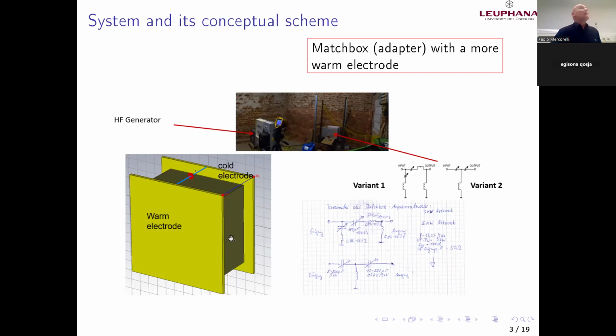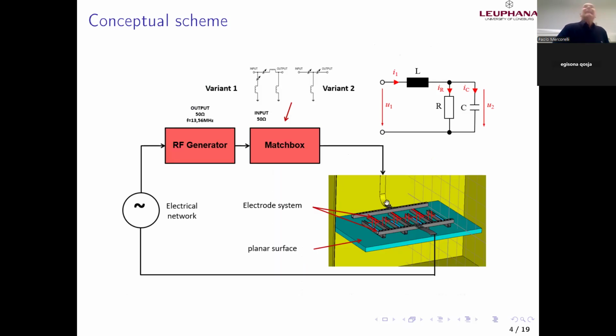Inside the capacitor, we have an object to be desiccated, and this other box here is there to adapt electrically the radio frequency generator with the load, which is represented by the capacitor and what we have inside these two plates of the capacitor.